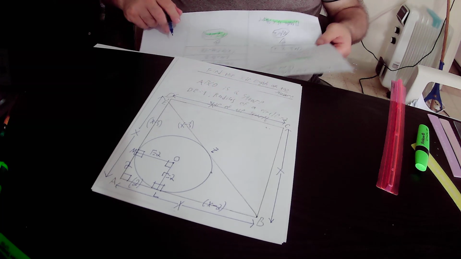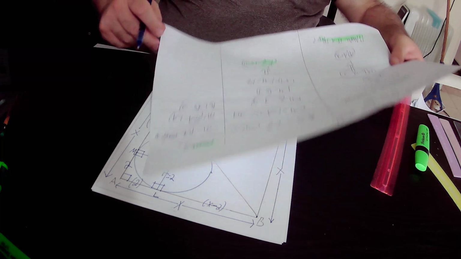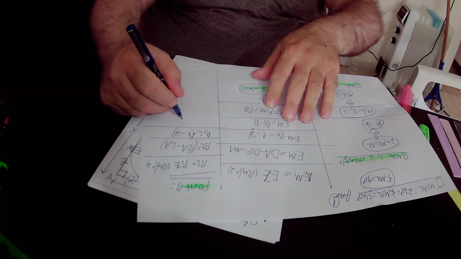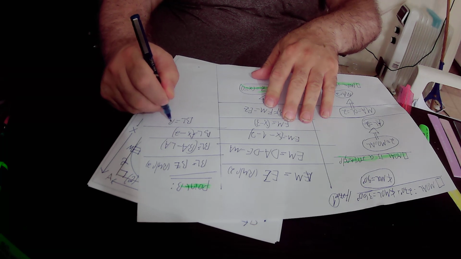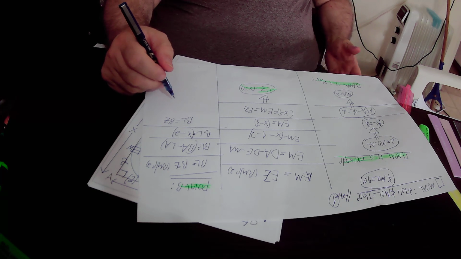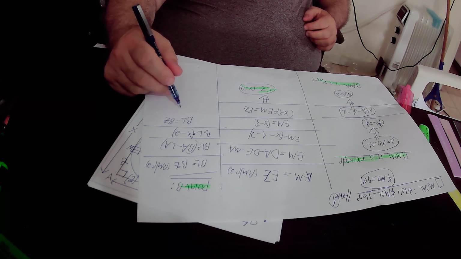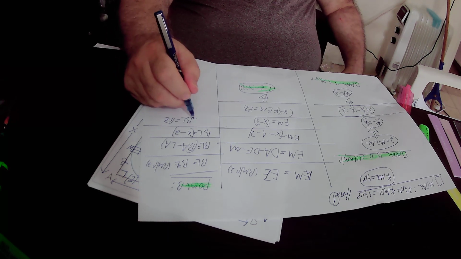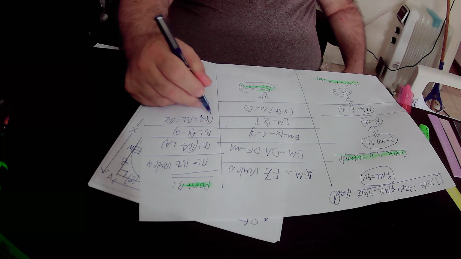But we have already found out that BL equals BZ according to rule number 2. And according to what we have just found out, BL also equals X minus 2. So can I tell that BL equals X minus 2?